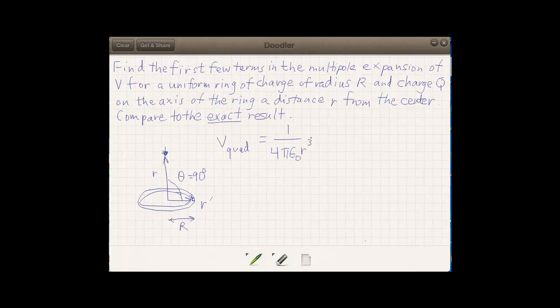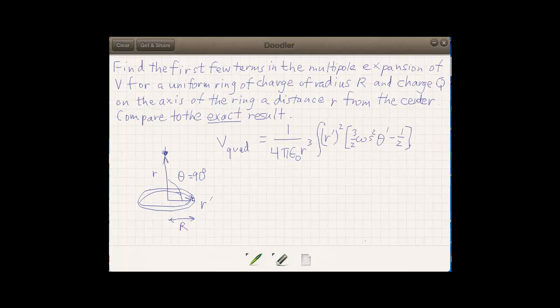And the integral, just a little bit more complicated now, has r prime quantity squared. I'll put parentheses around that just to make sure that we don't confuse that. And the Legendre polynomial, we need now the second order Legendre polynomial, which is 3/2 cosine squared of theta prime minus 1/2.